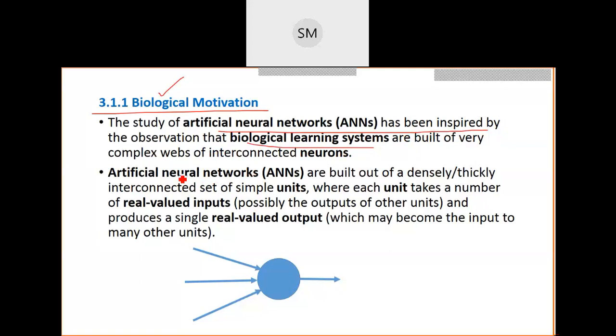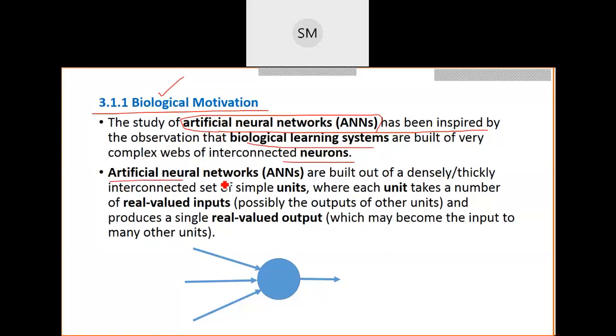These biological learning systems are constructed from real, biologically interconnected neurons. In our brain also we have neurons. Based on that, this is inspired, and so they developed artificial neural networks.